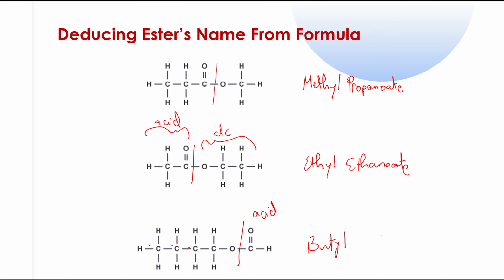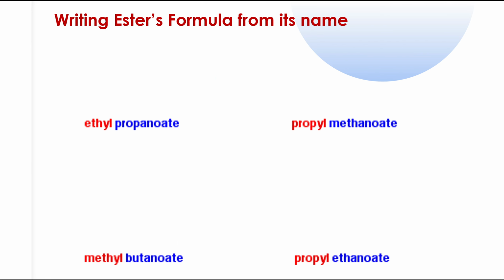The acid part must come second, 2 carbons, so it is ethanoate. So in summary, the alcohol part must come first in the name. The acid part must come second in the name. In the displayed formula, the order doesn't make a difference. In order for me to deduce the name, I split in the middle of the functional group.